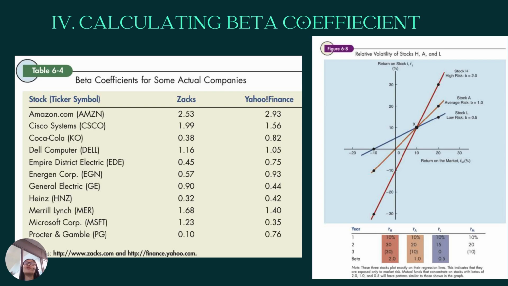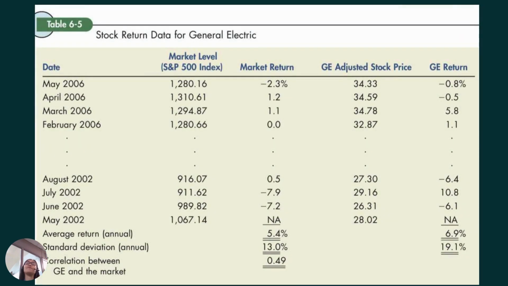Table 6-4 shows the betas for some well-known companies as provided by two different financial organizations, Goldman Sachs and Yahoo Finance. Notice that their estimates of beta usually differ because they calculate beta in slightly different ways. Given these differences, many analysts choose to calculate their own beta.